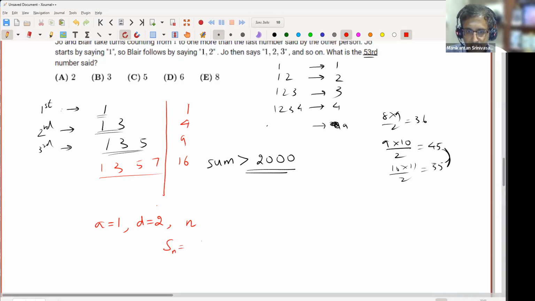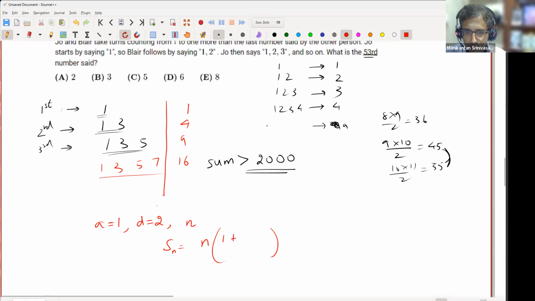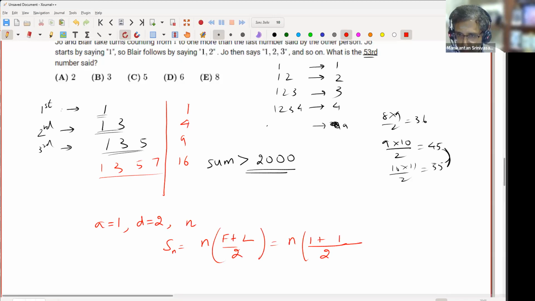Sn is n times the average of the very first and the very last term, first term plus last term divided by 2. The first term is 1, and the nth term is 1 plus n minus 1 times the common difference, which is 2.